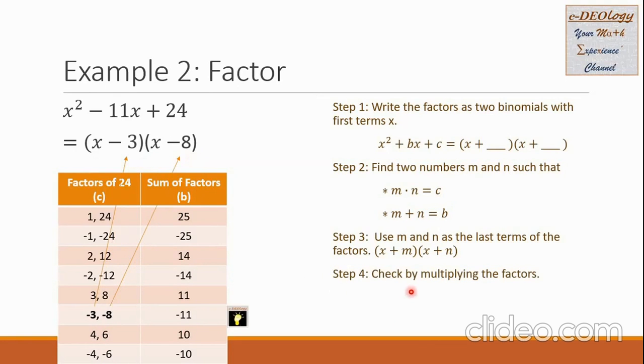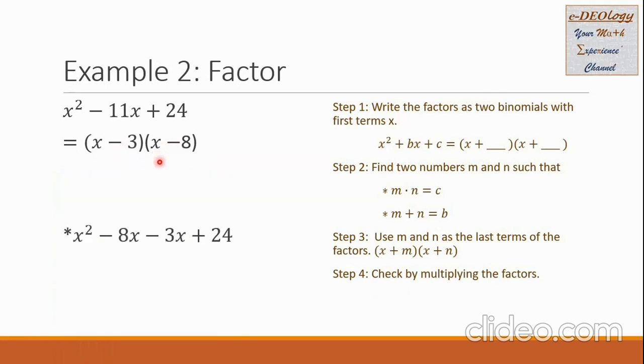In step 4, we check if our answer is correct by multiplying these two binomials. So we have x times x is x squared. X times negative 8 is negative 8x. Then negative 3 times x is negative 3x. Then negative 3 times negative 8 is positive 24.